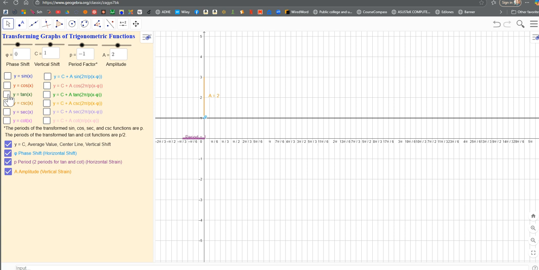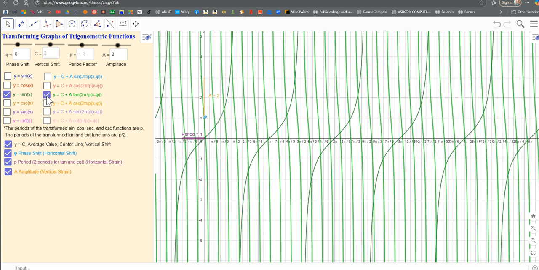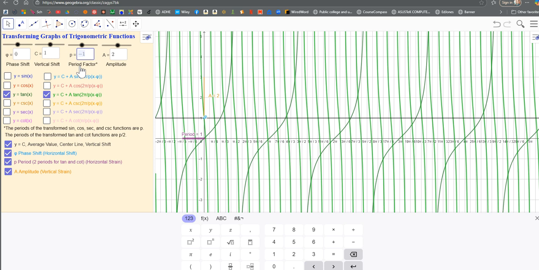Let's see what else. Here's tangent. Now for tangent, the period is not actually this. Let's go back to 2 pi here.